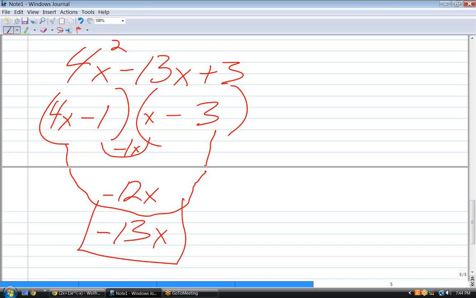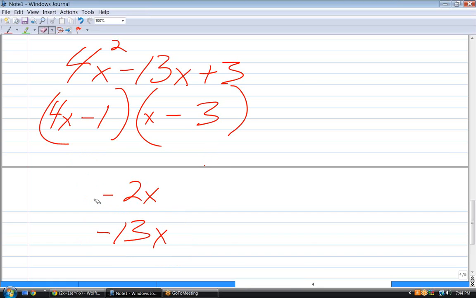And that's the process I always go through. In other words, I break up the first term, determine my two signs, find factors of 3, and then I make sure that I'm producing the middle term properly by multiplying the insides and the outsides, the O and the I of FOIL.